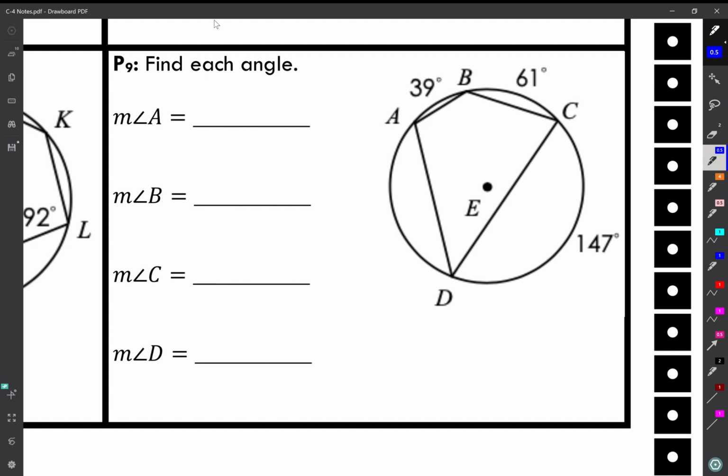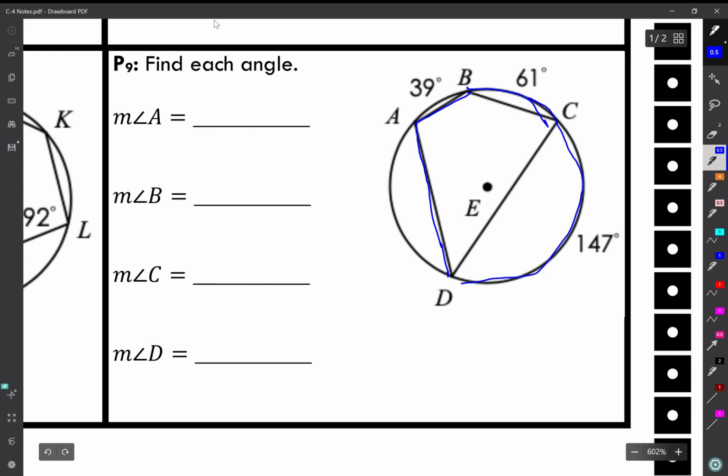So what I want you to notice is that each of these angles are inscribed angles in this quadrilateral. Like angle A, angle B, angle C, and angle D are all inscribed quadrilateral angles. So angle A is an inscribed angle with an intercepted arc from B to D over here, opposite it, right?